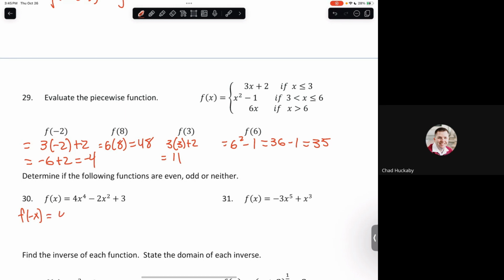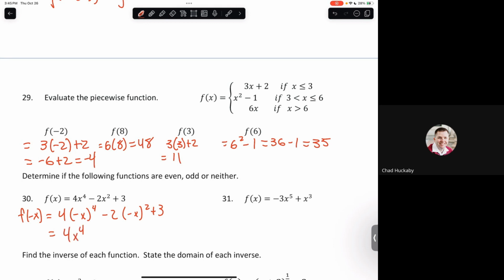Well, I get 4 times negative x to the 4th minus 2 times negative x squared plus 3. What is negative x to the 4th? Well, negative x to the 4th is just x to the 4th.